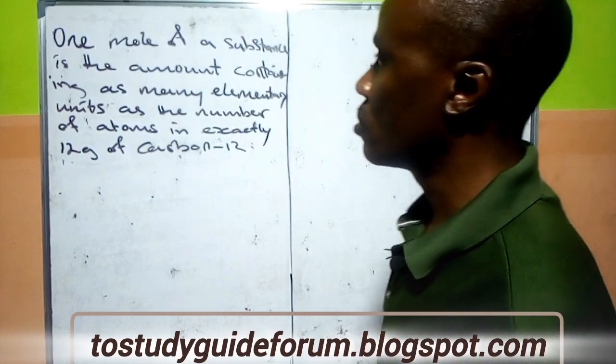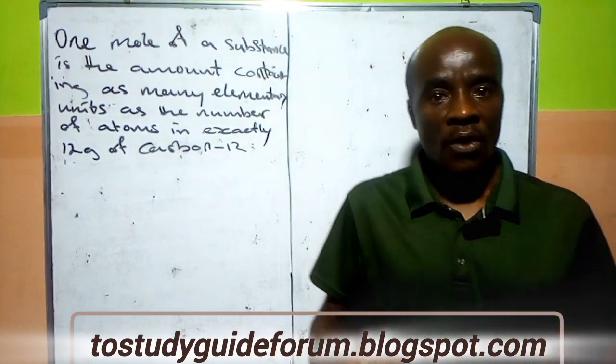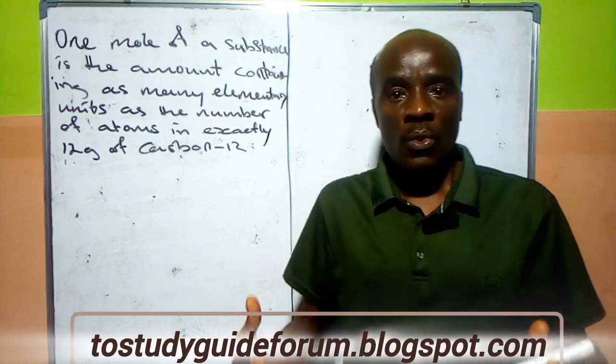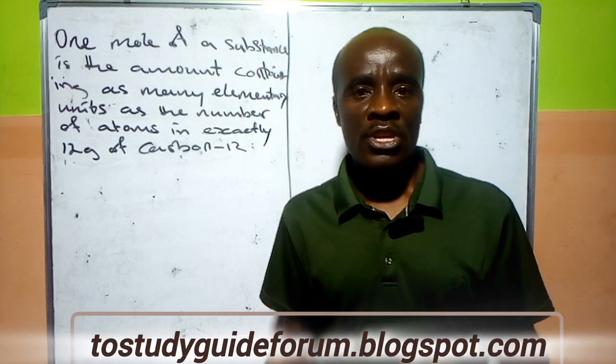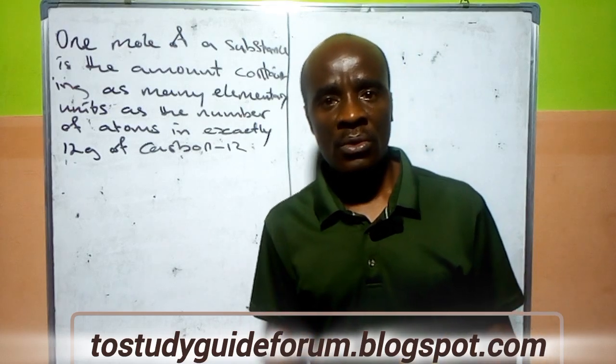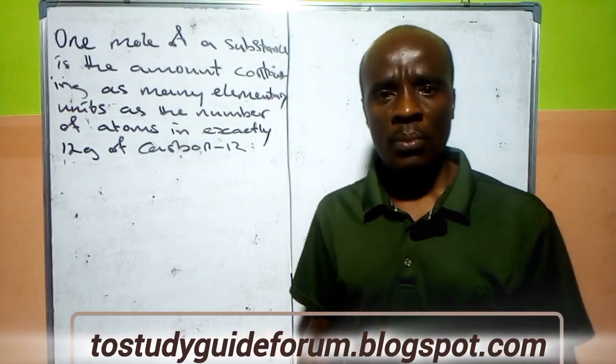When we talk about mole concepts, we are looking at an idea of mole in calculation of particles that we have in any chemical substance. Now we know that atoms are very small.